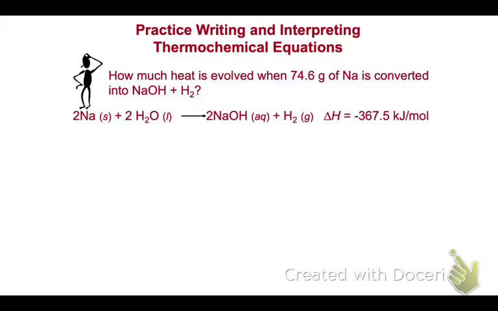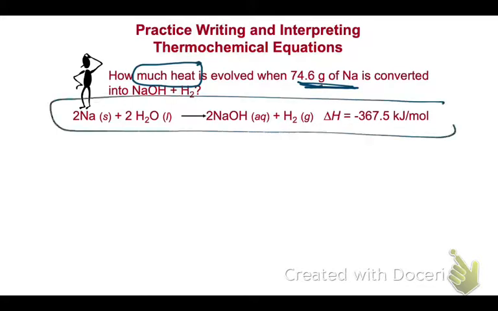They are asking about heat, how much heat when given grams of sodium. Now the relationship that you know comes from this balanced chemical equation, and it comes from energy and amount of moles.